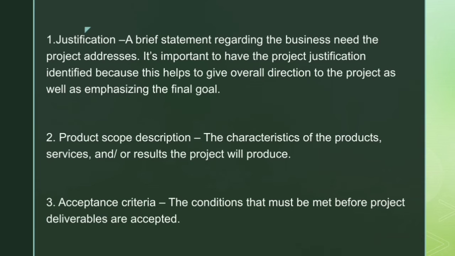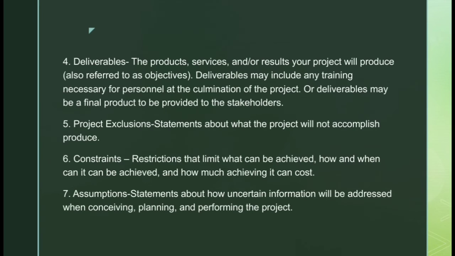And number 3, acceptance criteria, the conditions that must be met before project deliverables are accepted. So when we talk about the acceptance criteria, it is the prerequisites that must be satisfied in order for project deliverables to be accepted.